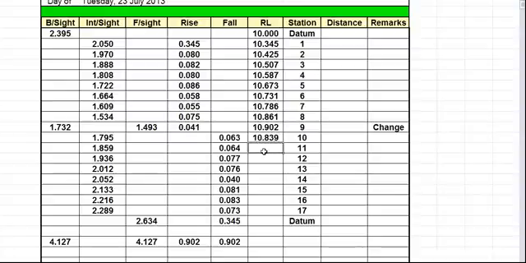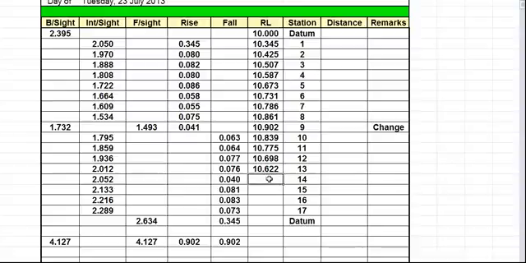10.839, and minus 64 will give us 10.773. 10.773 minus 77 will give us 10.698. 10.698 minus 76 equals 10.622.